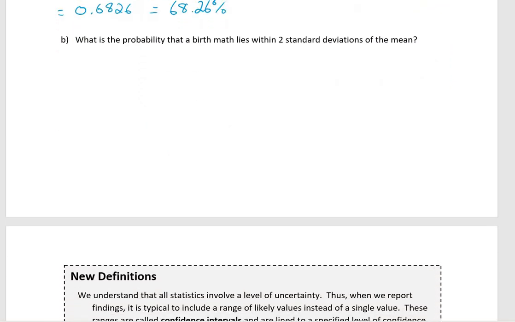So let's double check for 2 standard deviations from the mean instead. So in this case, that would be the probability that 80 is less than or equal to x is less than or equal to 120, which is the probability that x is less than or equal to 120 minus the probability that x is less than or equal to 80.